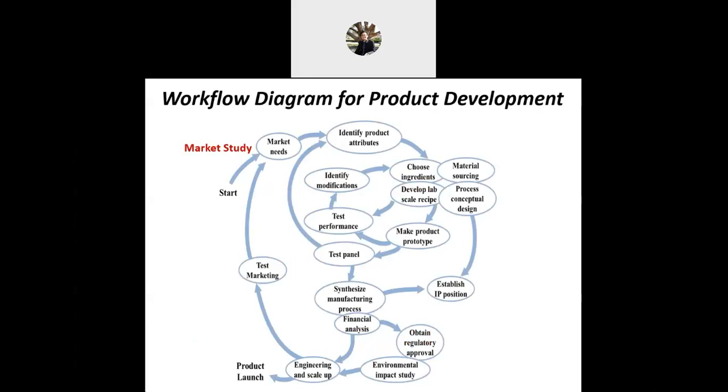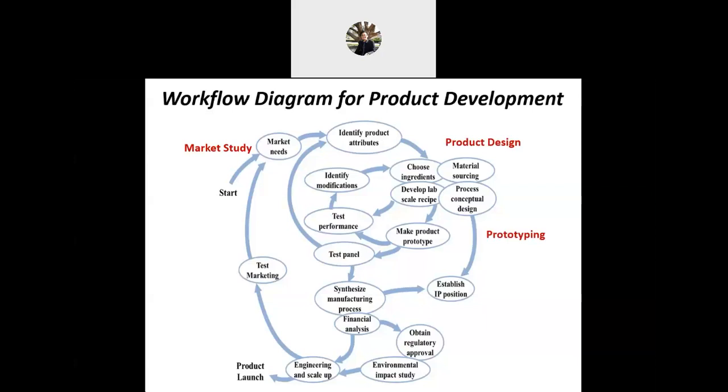And then generally we will develop it in the laboratory, similar to what I explained about the CMC production. So we develop it in the laboratory, and then do some conceptual design or product design, which allows the estimation of the product cost. And then we do the prototyping. The product prototype is fabricated and performance tested.